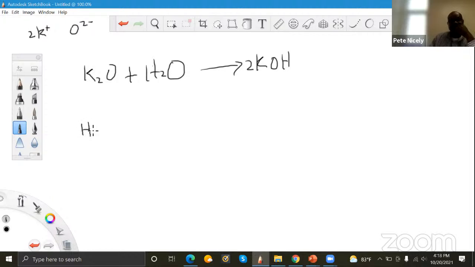Okay, very good. H2O2, and it says it reacts to form H2O, which is water, plus oxygen, which exists as O2. So how do you balance this particular equation?